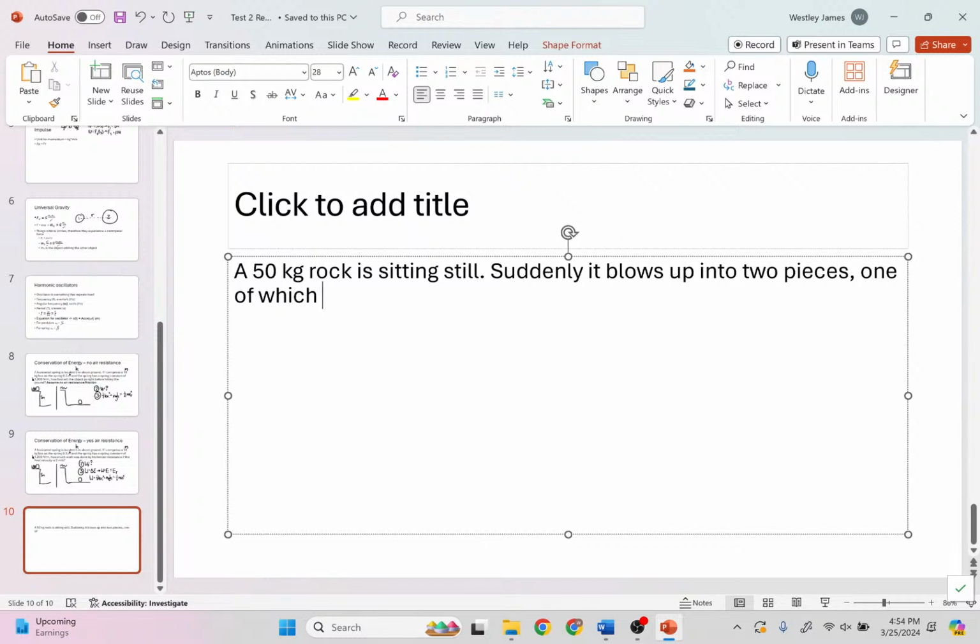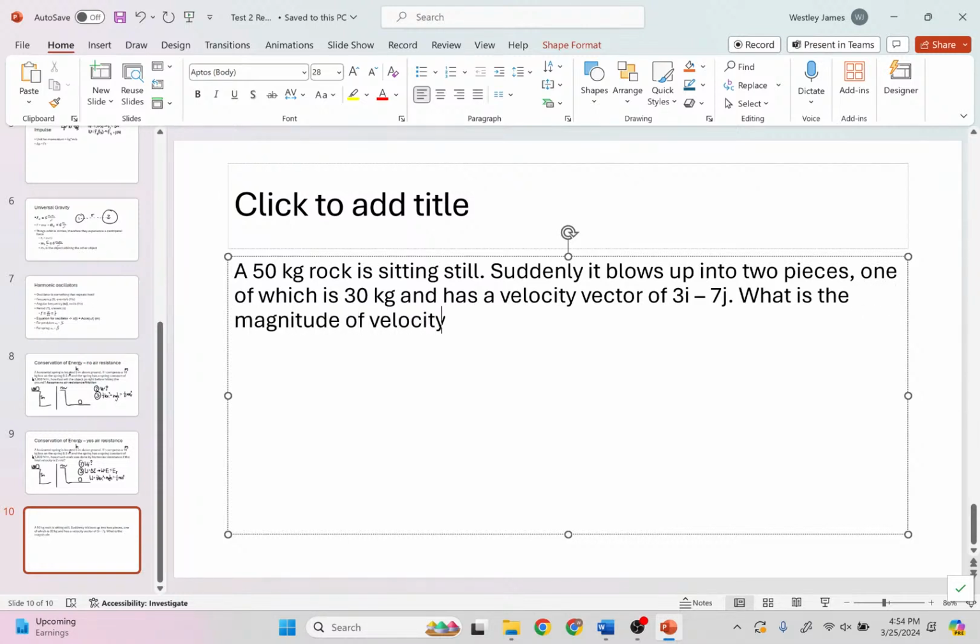One of which is 30 kilograms and has a velocity vector of 3i minus 7j. Let's make it spicy. What is the magnitude of velocity of the other piece?